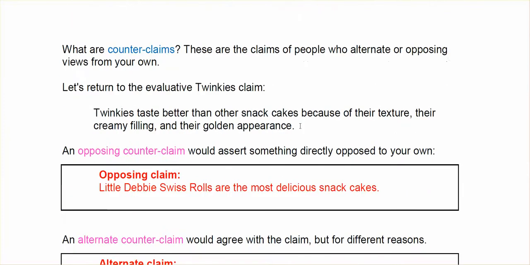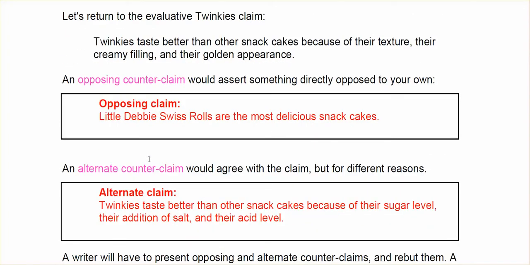All right. The next thing we're going to look at, in a good argument, it is my job to look at counterclaims. What do other scholars think about my topic? All right. So I could have two kinds of counterclaims, an opposing counterclaim and an alternate counterclaim. Sometimes you'll have both. It just depends on what you're finding in your research. An opposing counterclaim, or sometimes I'll say an opposing point of view, says something almost opposite to what I'm claiming.